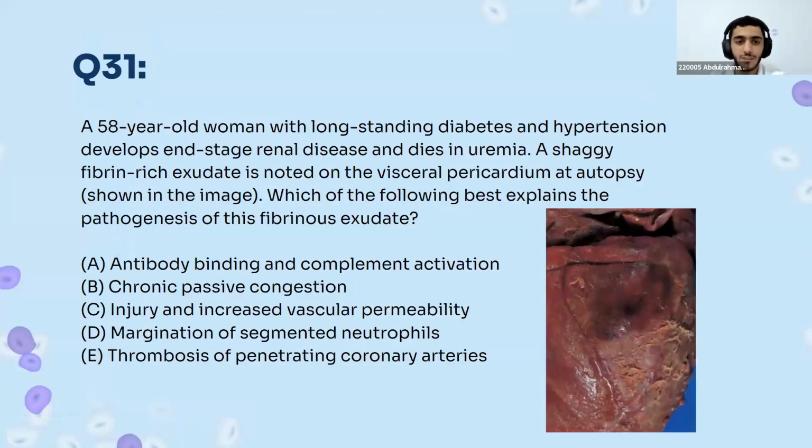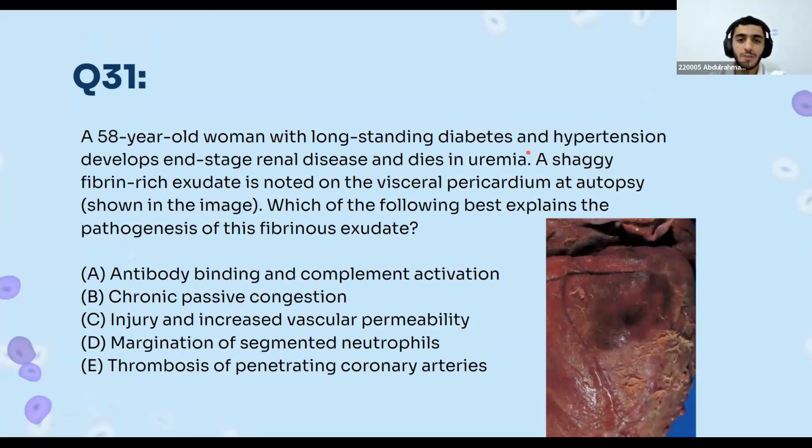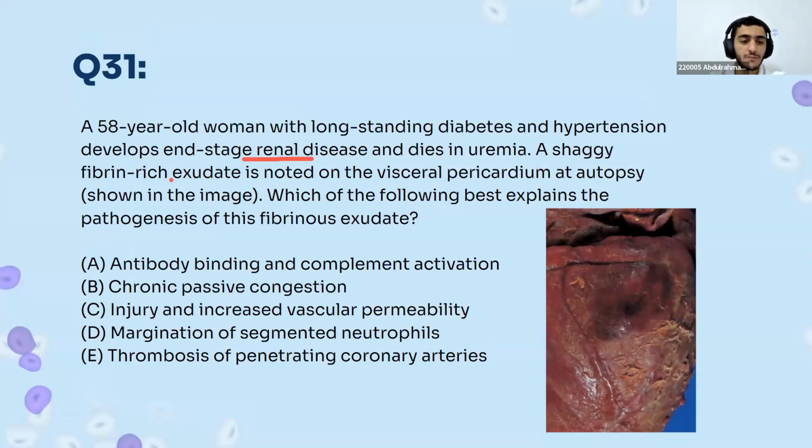So next question. A 58-year-old woman with diabetes and hypertension. She has an end-stage renal disease. A shaggy fibrin-rich exudate is noted on the pericardium. Which of the following best explains the pathogenesis of this fibrinous exudate?